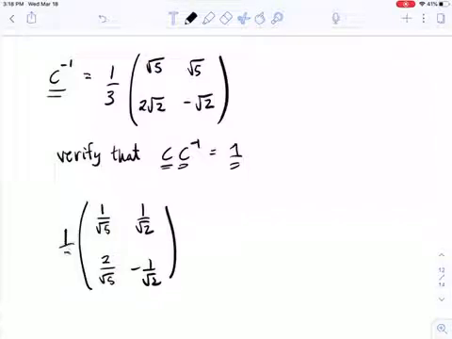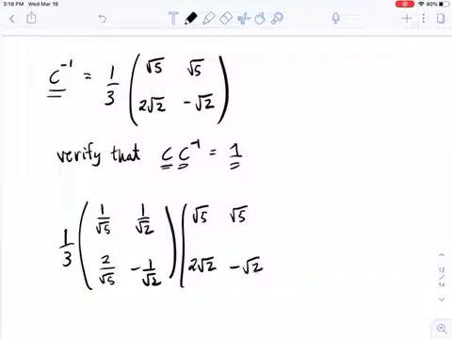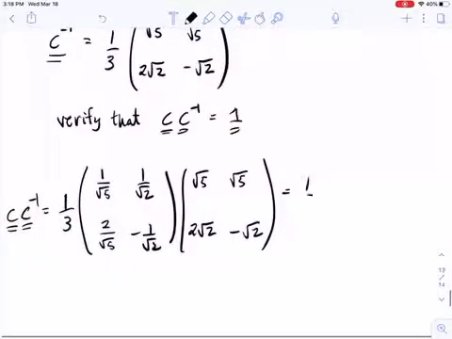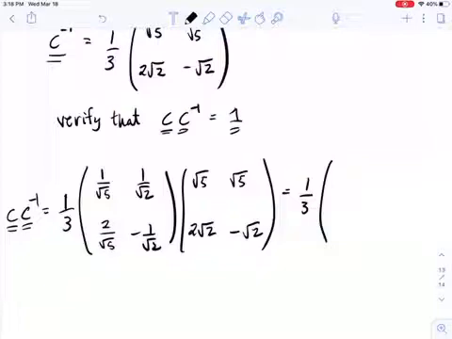I think that's probably right. We're going to get a 1/3 from the C inverse, and then we'll have a root 5, 2 root 2, minus root 2. So this is C times C inverse. So we get 1/3. Okay, root 5 times 1 over root 5 is a 1.